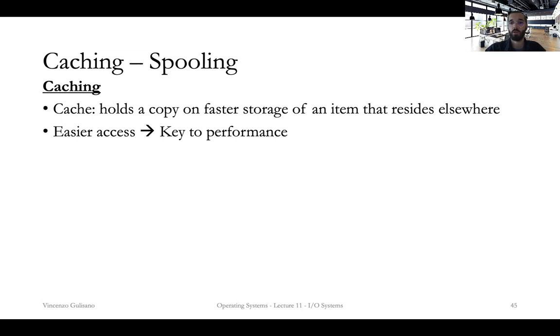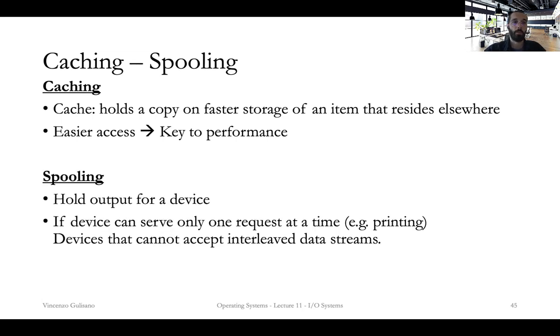You don't need to interact again with the device. Also, the kernel will take care of creating a queue and holding up the output for specific devices if these devices can only serve one request at a time. This is handled automatically by the operating system, and this is the spooling mechanism.